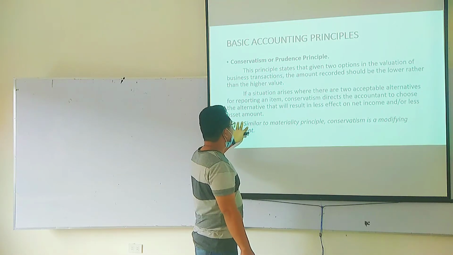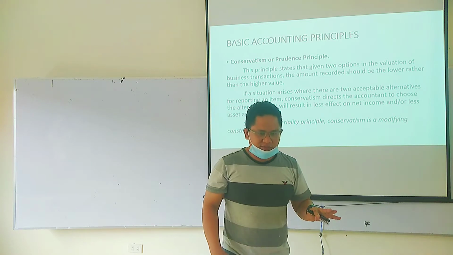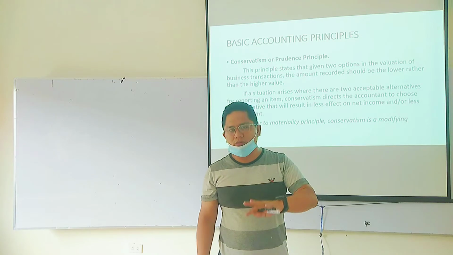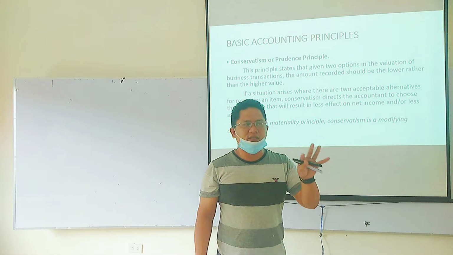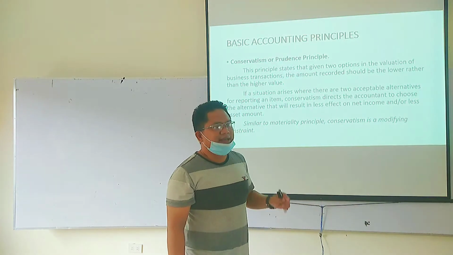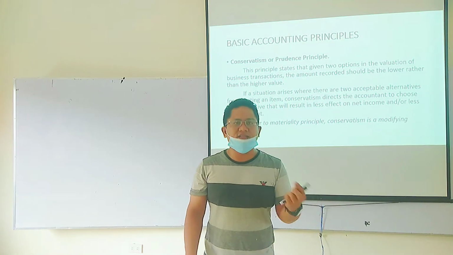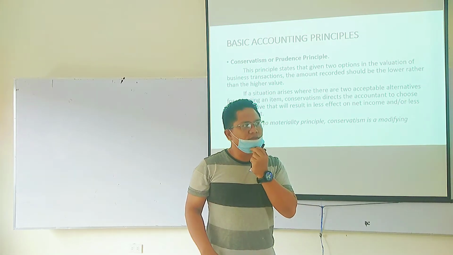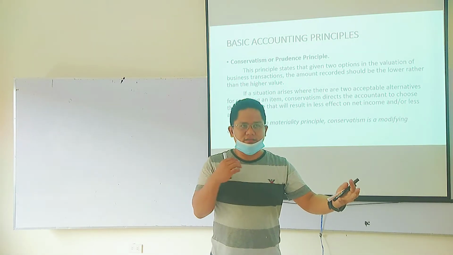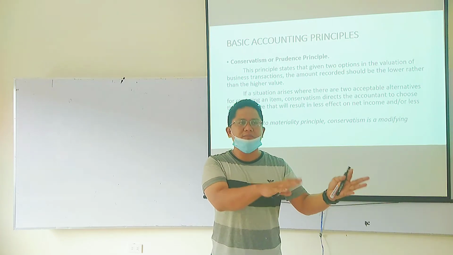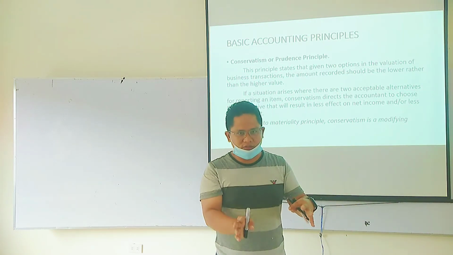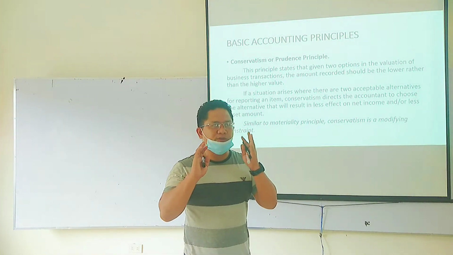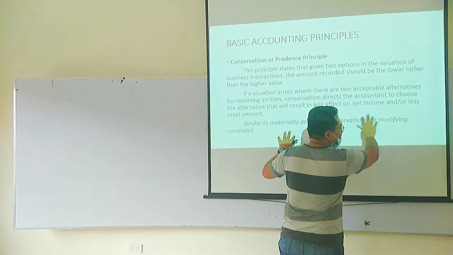So, for example, when a company is faced with a lawsuit, the company should provide. Instead of assuming that we can win that lawsuit, the company should provide for a liability pertaining to that lawsuit, because conservatism dictates that we provide for the lesser effect on net income.